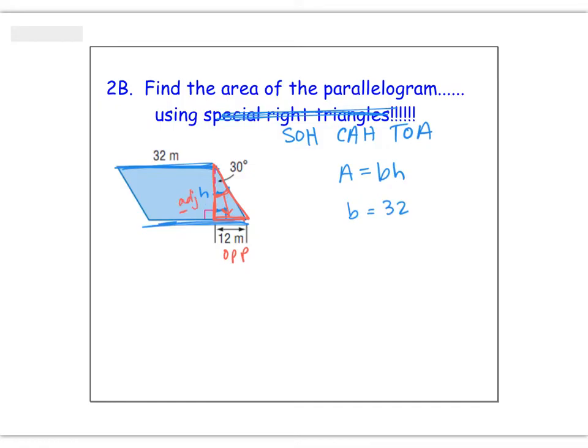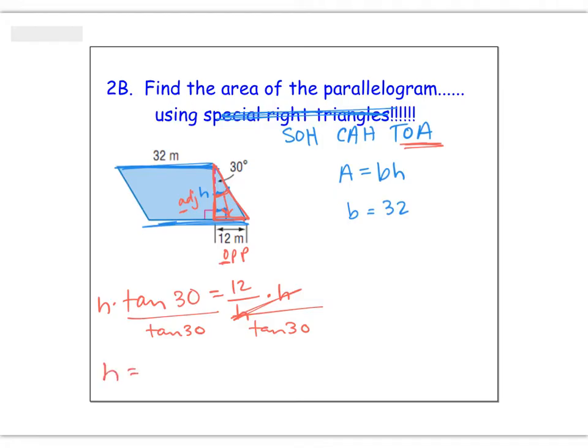So you're looking for A and O. It's part of TOA. So we're going to go tangent of 30 equals opposite over adjacent, 12 over h. Multiply both sides by h, whatever's on the bottom of that fraction, right? And then divide both sides by tangent 30.